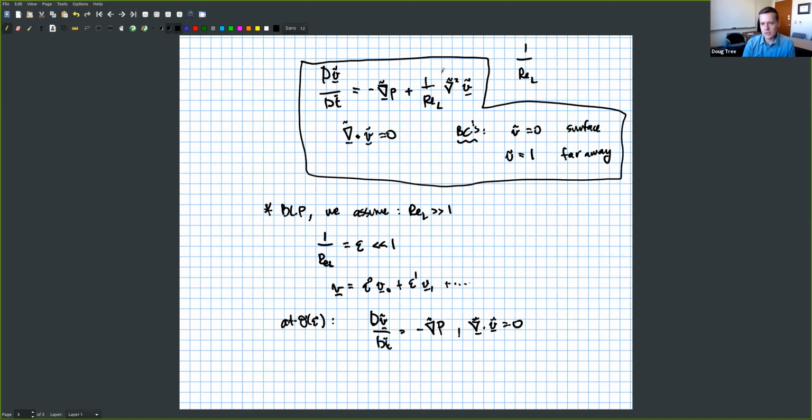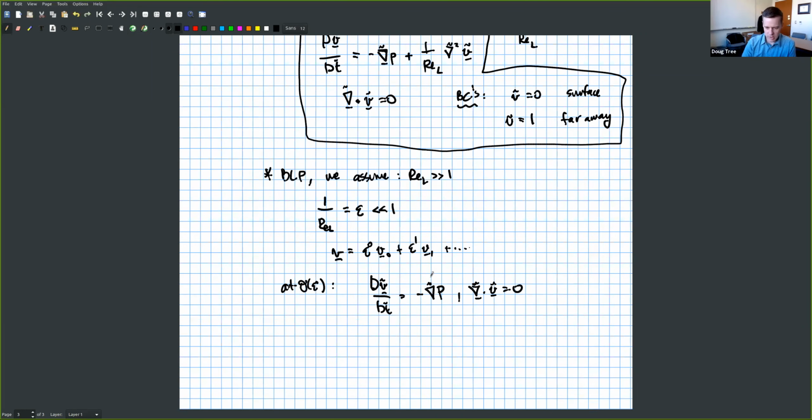Okay, so I lose the term with the viscosity in it. And so remember that this one is Euler's equation, if you recall, which we said was valid for high Reynolds number. Okay, so let's think about this in the context of our perturbation problems. So is this a regular perturbation problem or a singular perturbation problem?